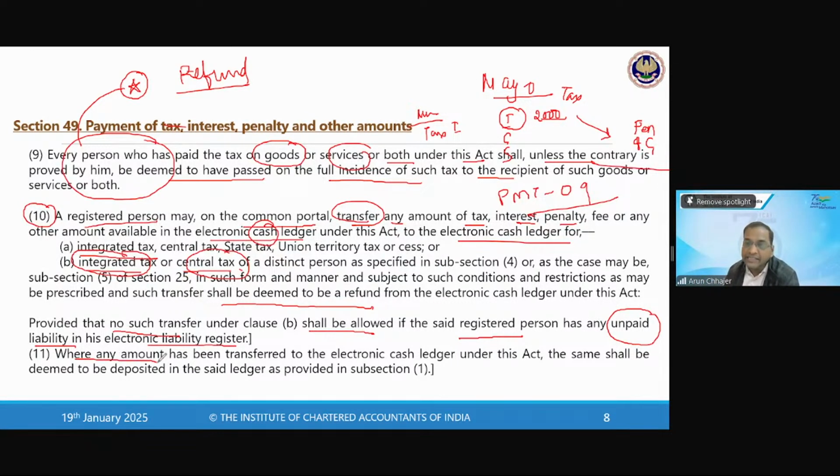Where any amount has been transferred to the cash ledger, the same shall be deemed to be deposited. It means अगर आप एक जगह से ट्रांसफर करते हो, it will be deemed that a refund has been given, and once it is added to the other, it is deemed that you have deposited that amount.